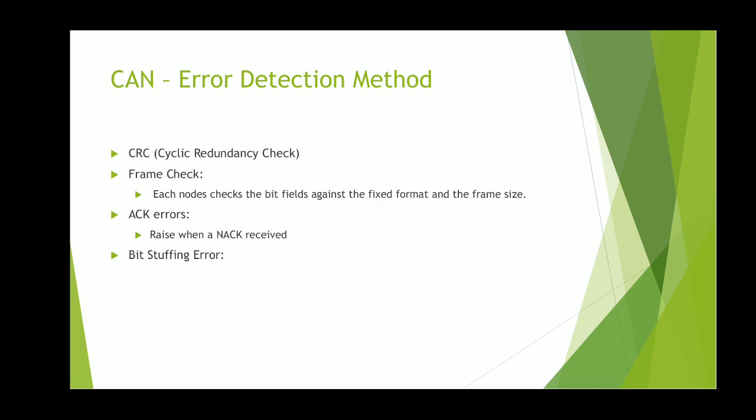And if the checksum of the data does not match the data received, then the receiver node will raise a NAK signal, a not acknowledgement signal, and this signal will be detected by the transmitter, and the transmitter will resend the data.